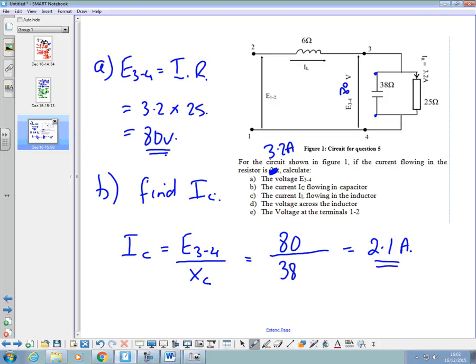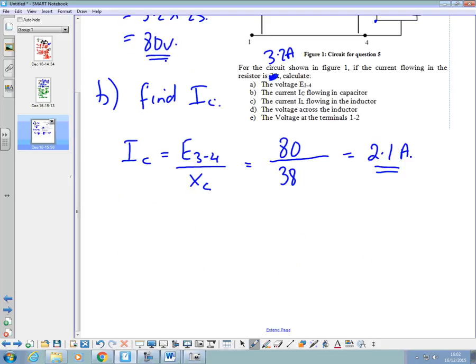Okay, reasonably happy so far. Then IL: you're going IR plus IC, so you're going 3.2 plus 2.1.